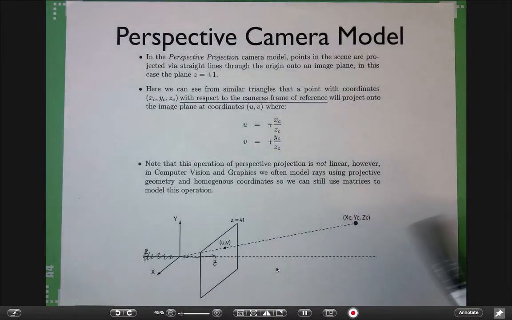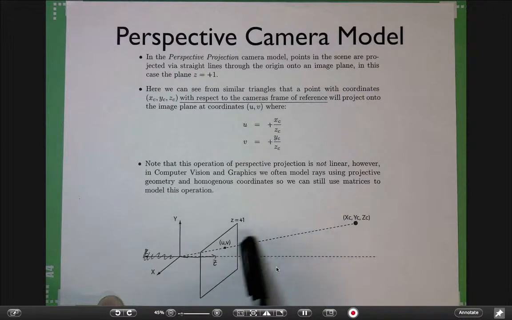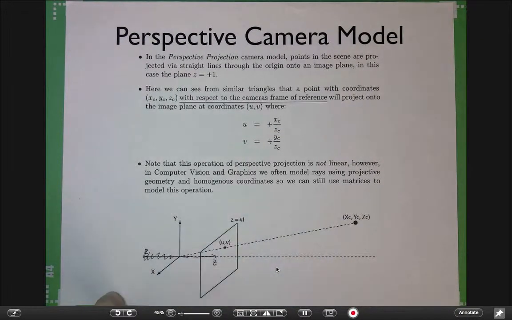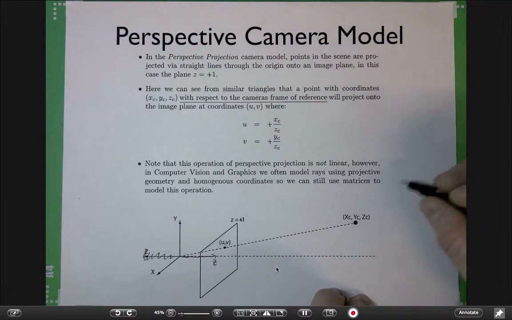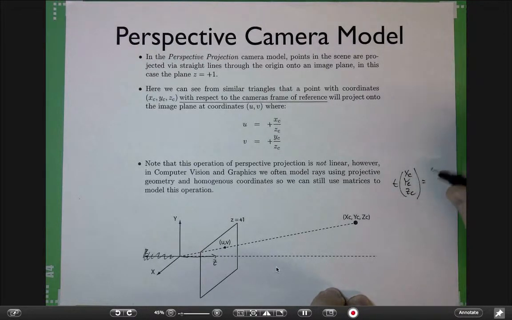So there's a ray of light traveling through the center. Somewhere it hits the plane. And the coordinates uv, where it hits the plane, that's what I want to compute. It's very simple to compute because all you need to do is find a t such that t times xc, yc, zc will be equal to u, v, 1.